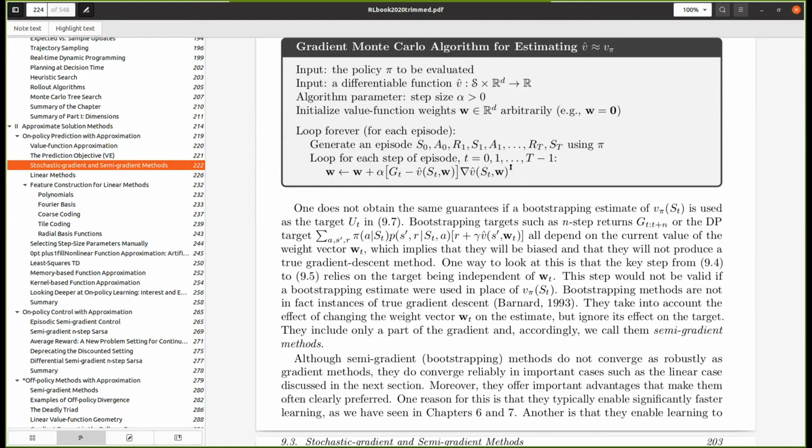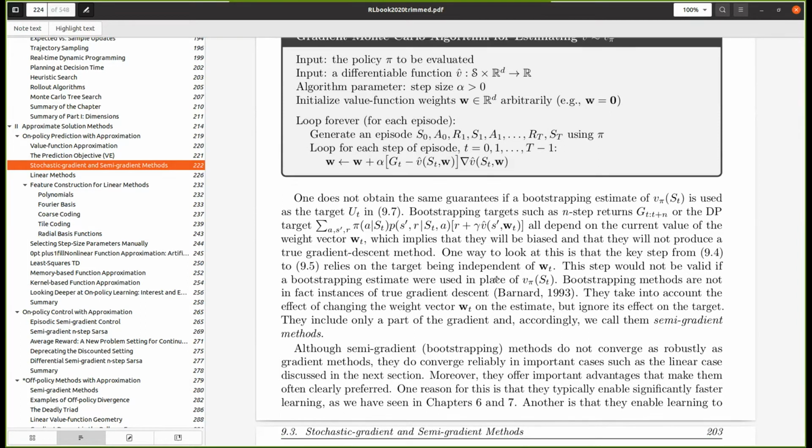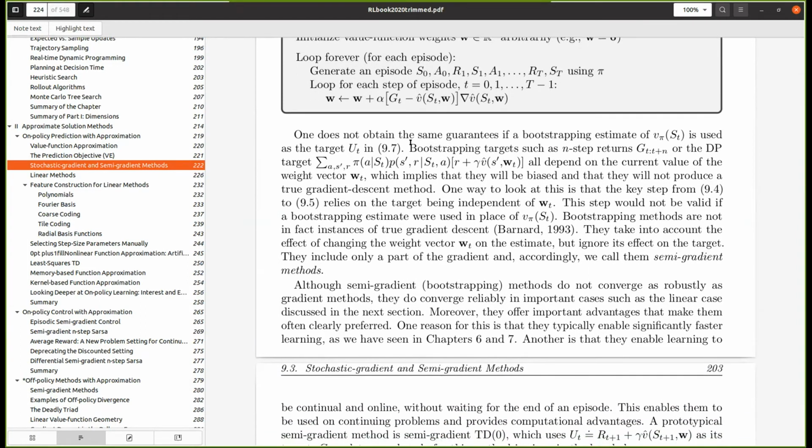That's something new, but I think it should also be familiar and very similar to the Monte Carlo update for the tabular method, right? We just move towards the target using the difference of the expected return and our current estimate of the value function.